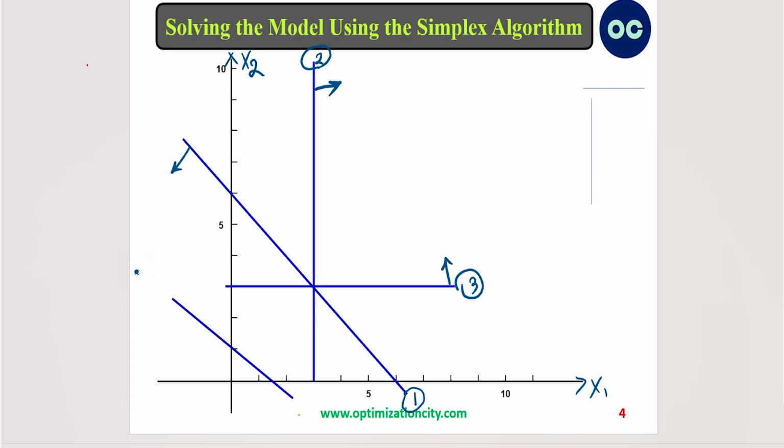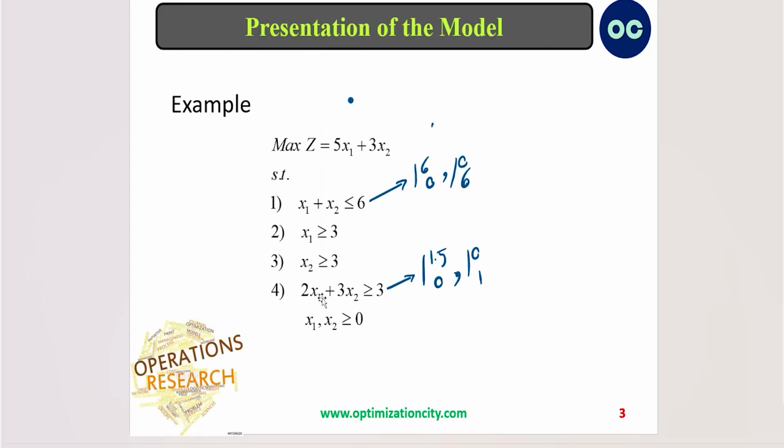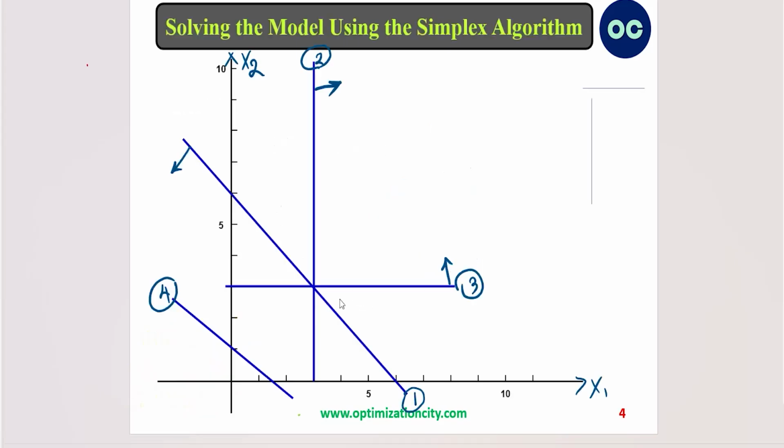This is constraint number 4. Since the origin, it means 0 and 0, does not satisfy this constraint, the feasible region is above this line. So this is the feasible region.